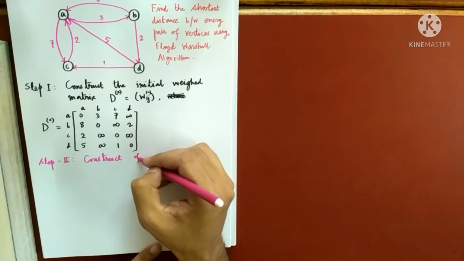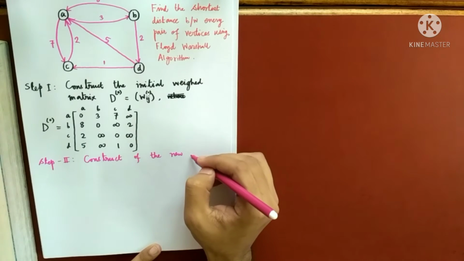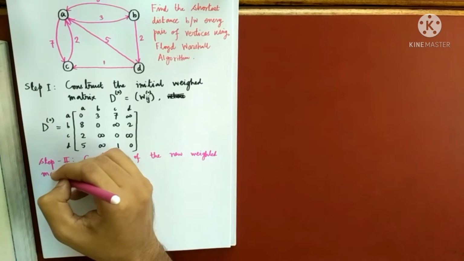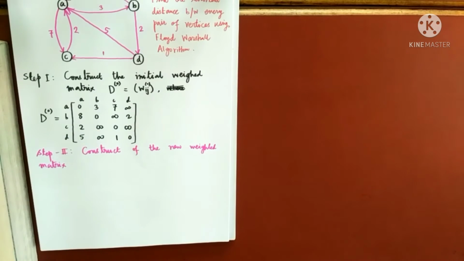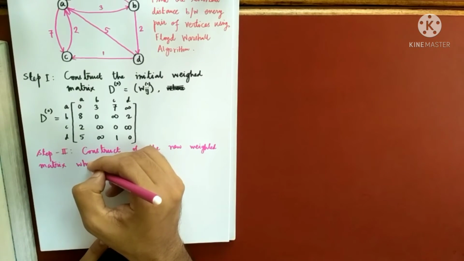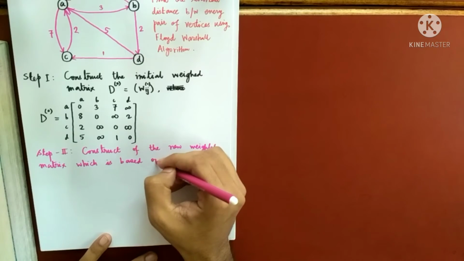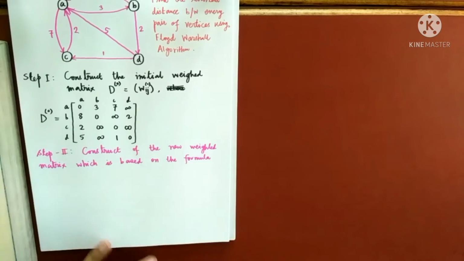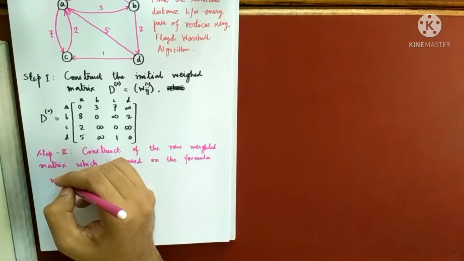So step 2 is the construction of the new weighted matrix, which is based on a formula. You don't have to remember the formula, just write down the formula, and I'll give you a shortcut way of computing this weighted matrix.